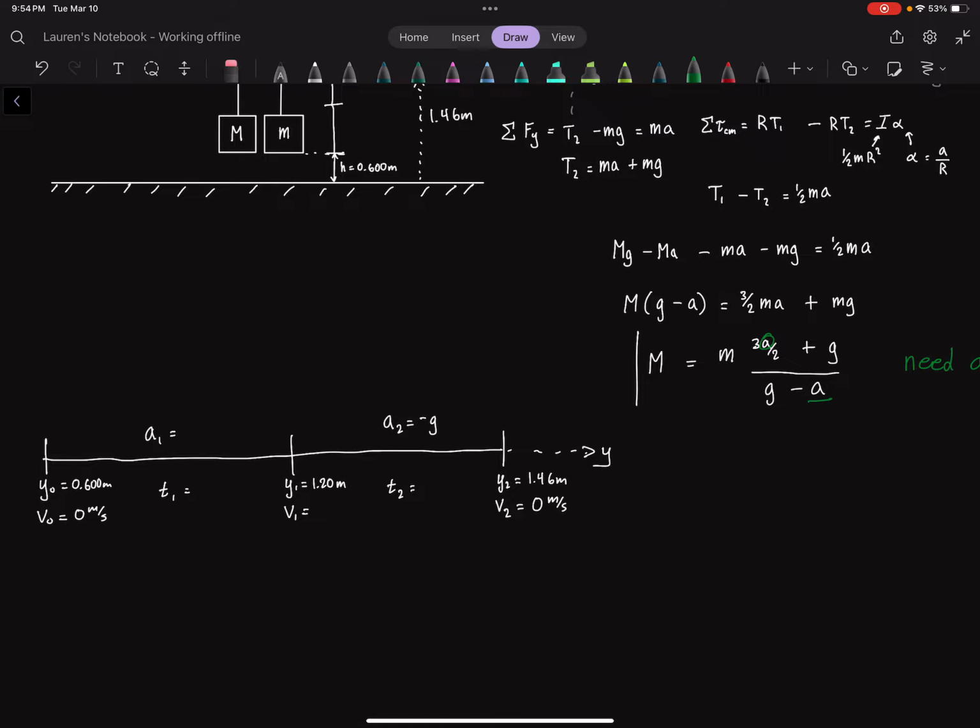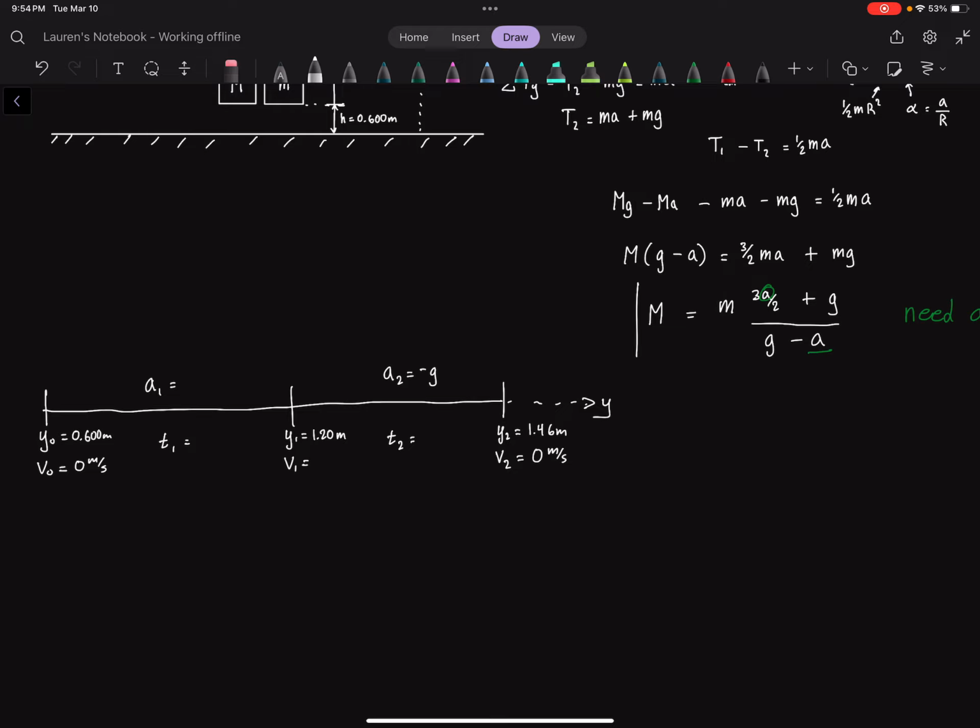So for the first segment, we have 3 unknowns, and we cannot solve for A1 directly. So we have to jump over to the second segment and take our information from there. We have an unknown of V1 and an unknown of T2. And the one that links the first segment to the second segment is V1.